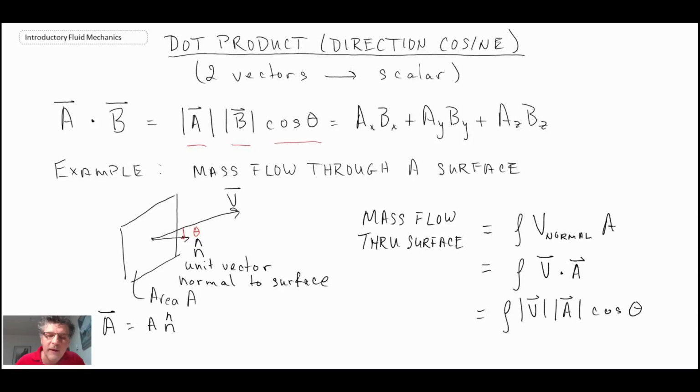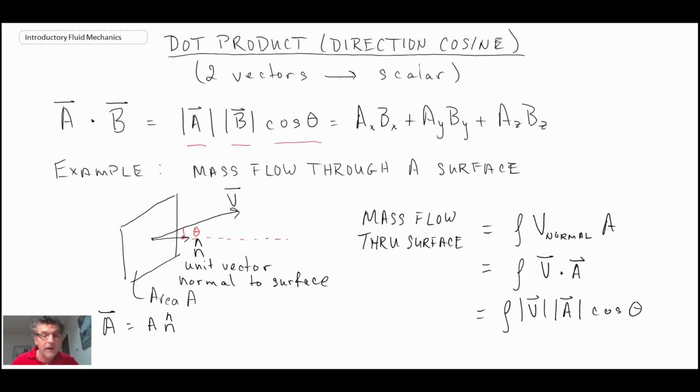And that is why it's called the direction cosine, because what you're doing is projecting vector v in the direction of n, being this direction right here. So you're projecting v into the direction of n, giving you the normal velocity, enabling you then to evaluate the mass flow through the surface. So that is dot product. We use that quite often in fluid mechanics.